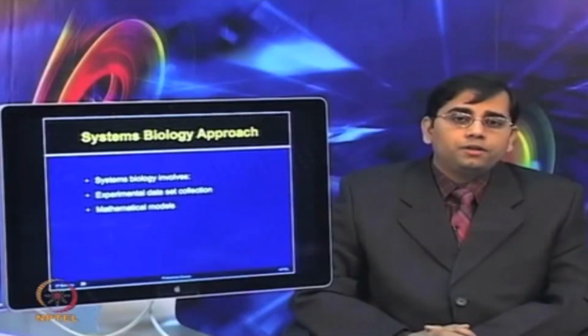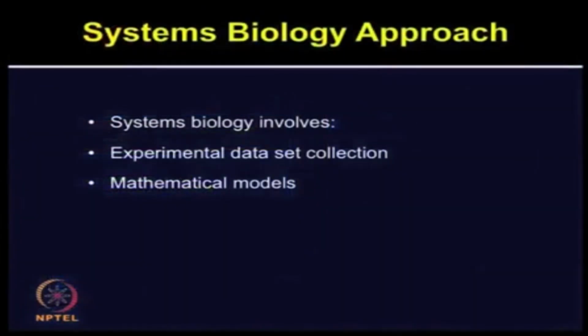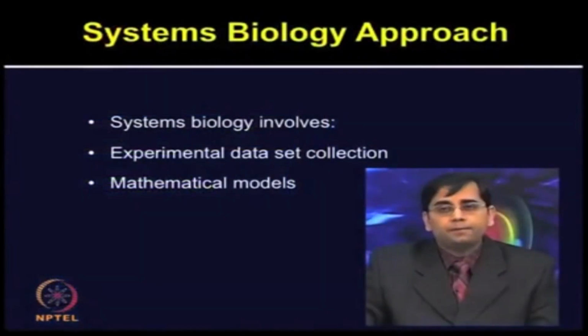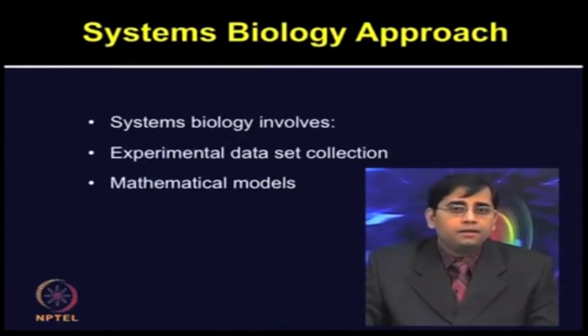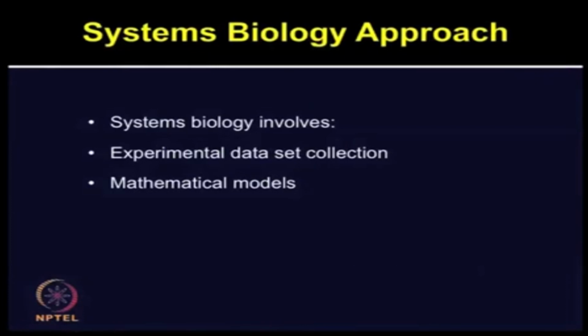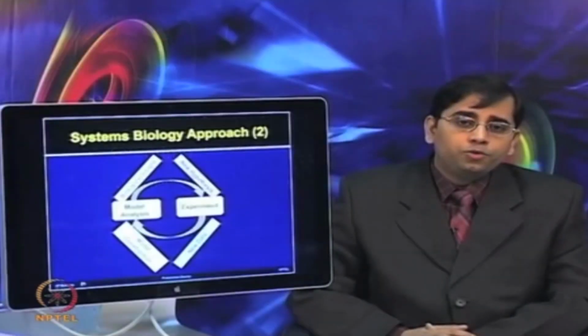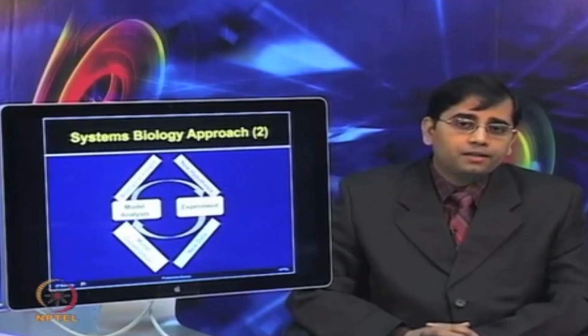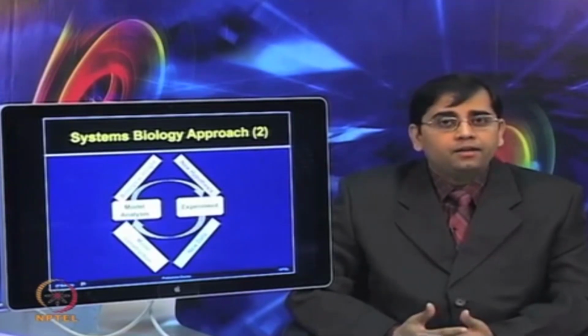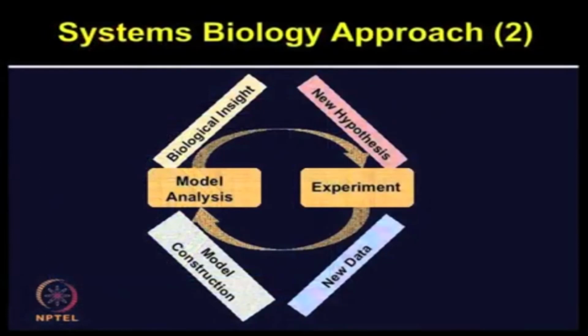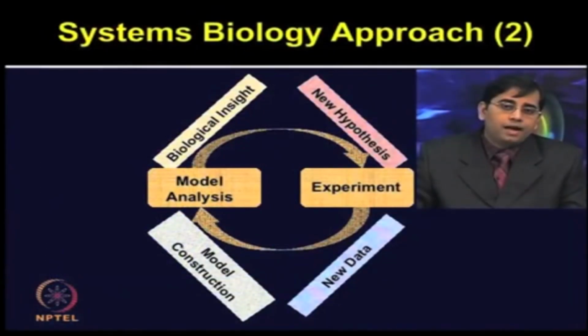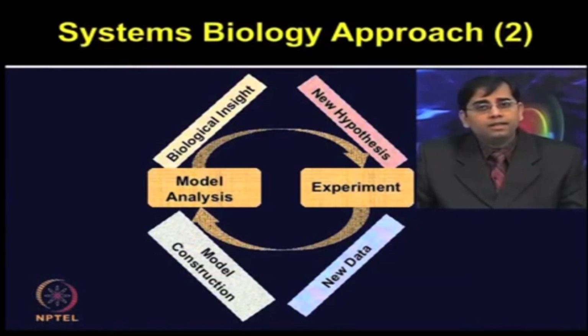The systems biology approach involves first of all the collection of large experimental data sets, and then mathematical models to provide insight into some significant aspects of the data sets. A simple systems biology approach would involve experiments adding new data sets, which will be used for model construction and model analysis, and the biological insight derived from these models can be used to propose new hypotheses.